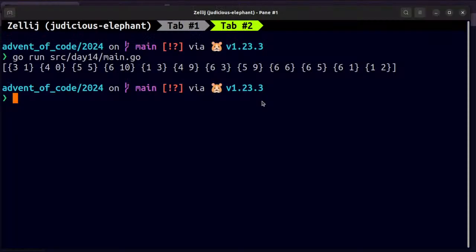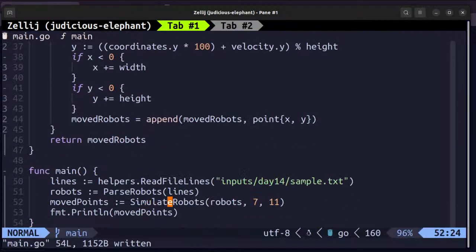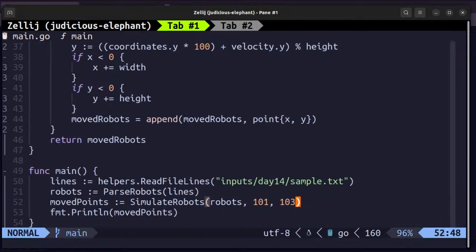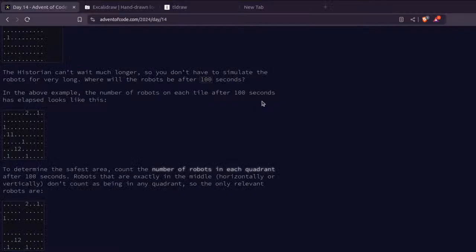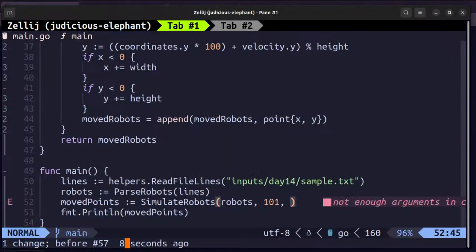Did I set the bound? Oh, so width is 103 or 109. Let's check it out. Nope, that is this one only.